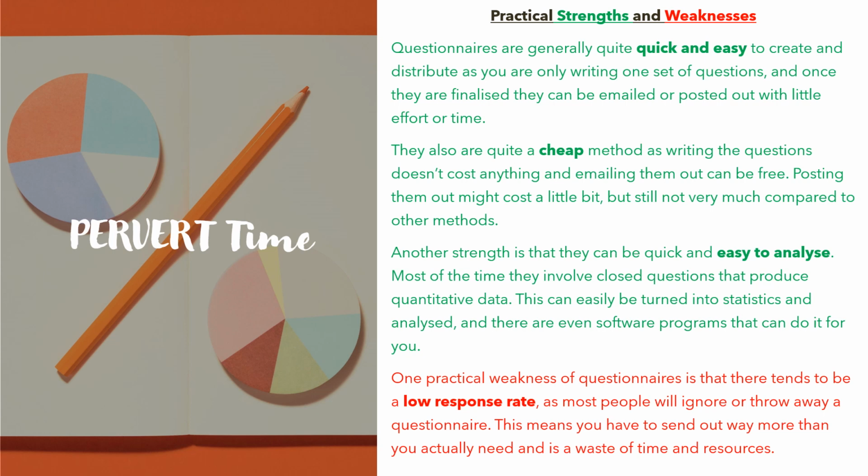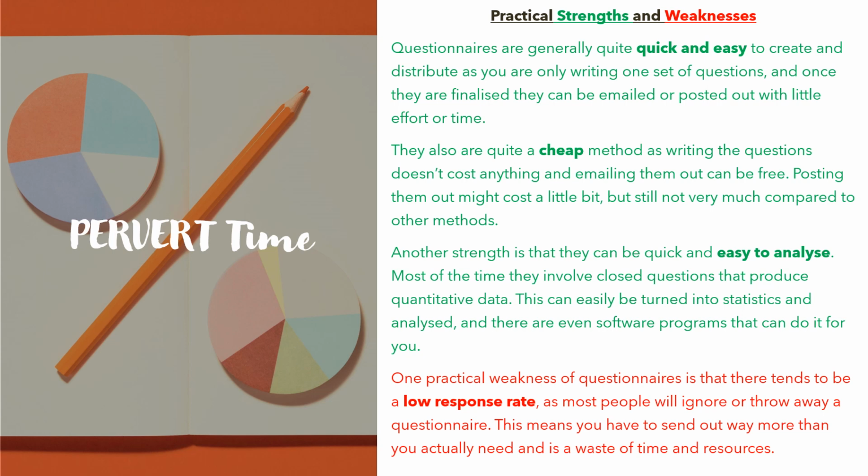If it was open questions and qualitative data, a researcher would have to read each individual response and everything that the participant's written, which would take ages to then draw a conclusion. So these closed quantitative questionnaires can be really easy to get the actual final conclusions from. On the whole then, they're really quite strong in terms of practical issues.